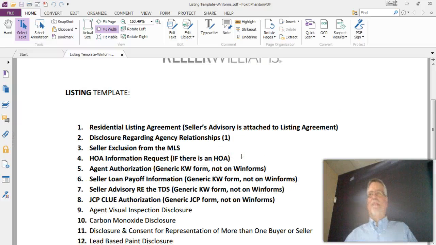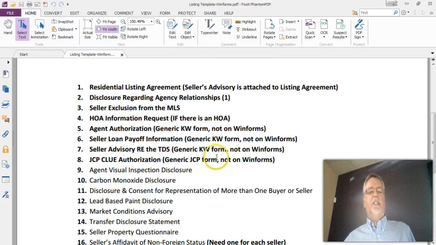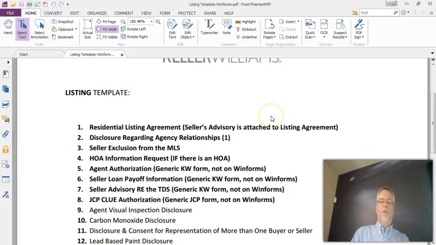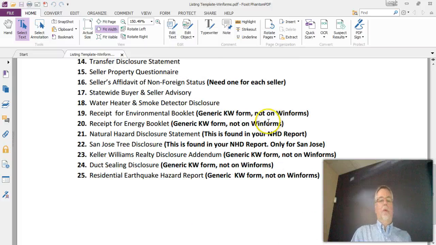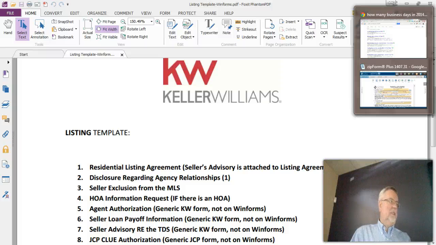So, this is a listing template, and it has just a short number of things that you might need when you list a property. What my goal was today is to go through the listing agreement itself.